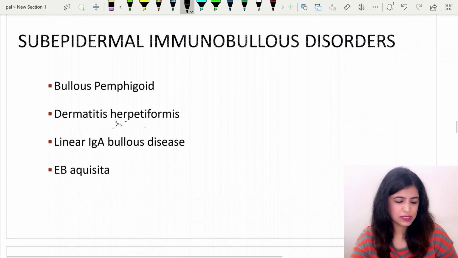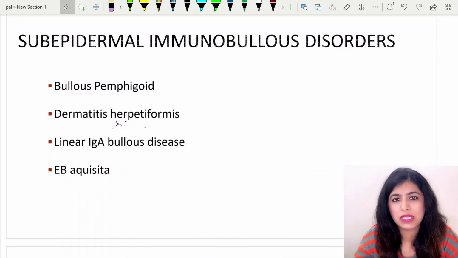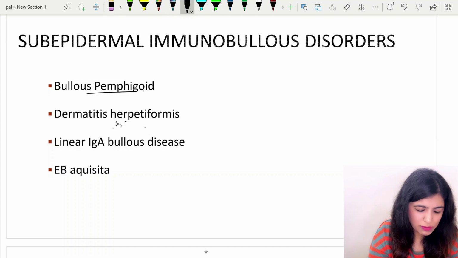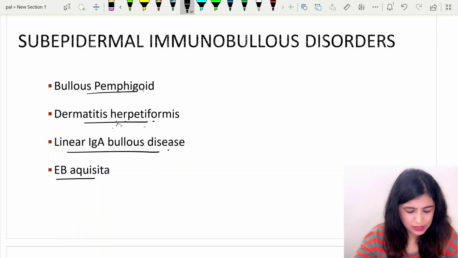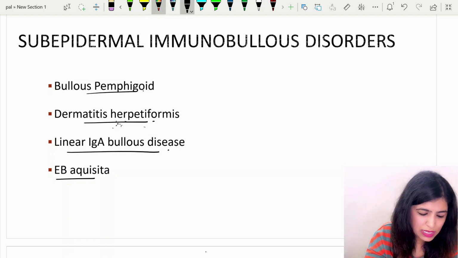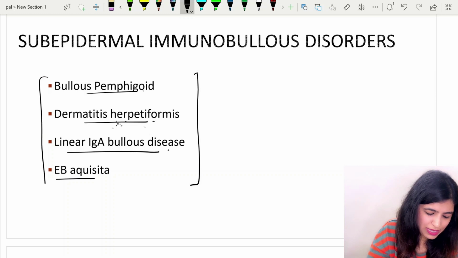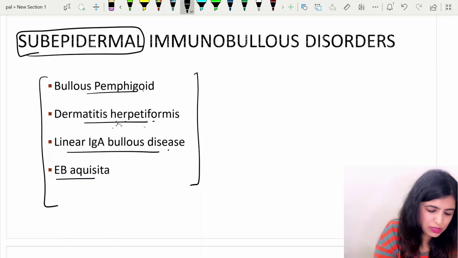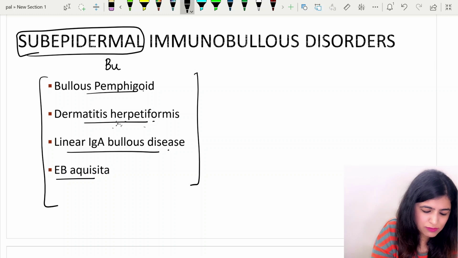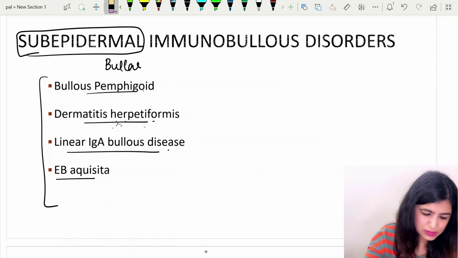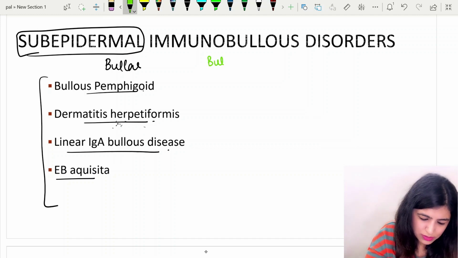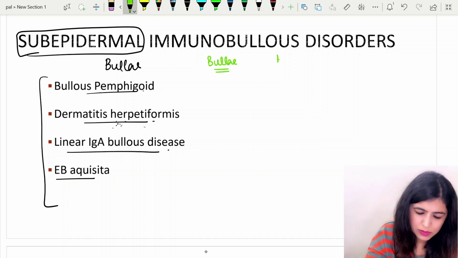For this, let me list the important subepidermal immunobullous disorders for you: bullous pemphigoid, dermatitis herpetiformis, linear IgA bullous disease, and EB acquisita. All of these will have a subepidermal bulla. So let me write it here like this: what will be the bulla morphology, what will be the histopath, and what will be the cell here.